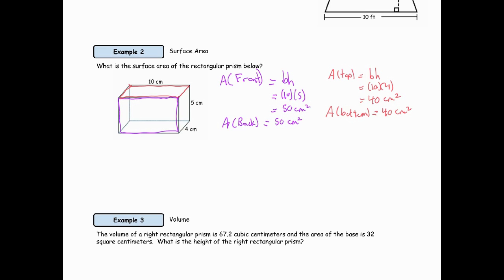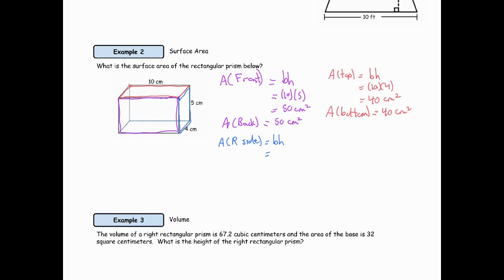And so what we have left now is on the right hand side over here, we have the right side of the rectangular prism. So I'm going to label that area of the right side. And it's a rectangle, so we can say again, base times height. And those dimensions are very clearly labeled.